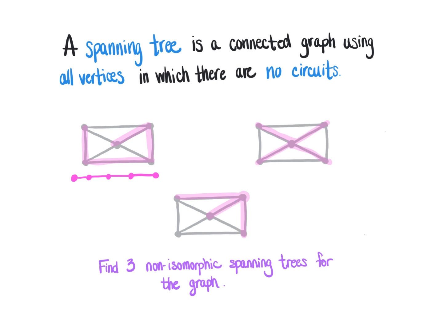We don't have any degree 3 in any of our other trees that we have made. And so as long as we maintain that vertex there with degree 3, we can hook this vertex into our tree by connecting to any of these other vertices. We can take a pick. It doesn't make any difference. I'm going to connect this one right here. And so those are 3 non-isomorphic spanning trees for the very same graph.